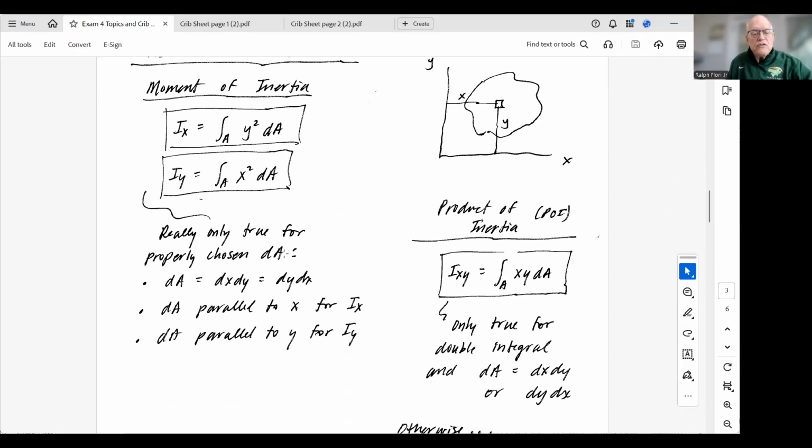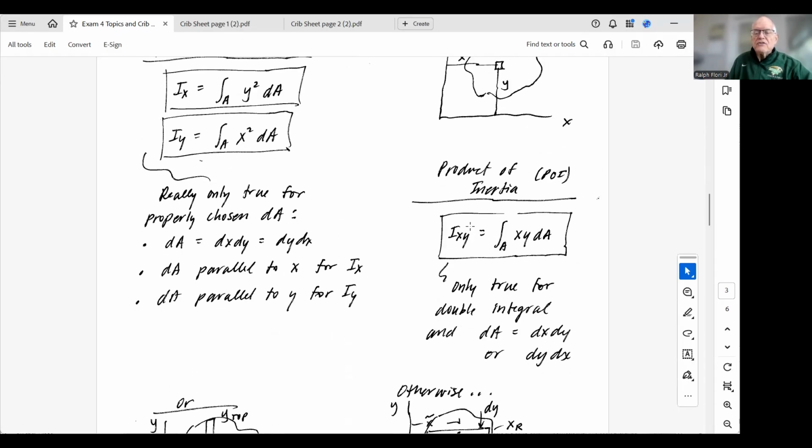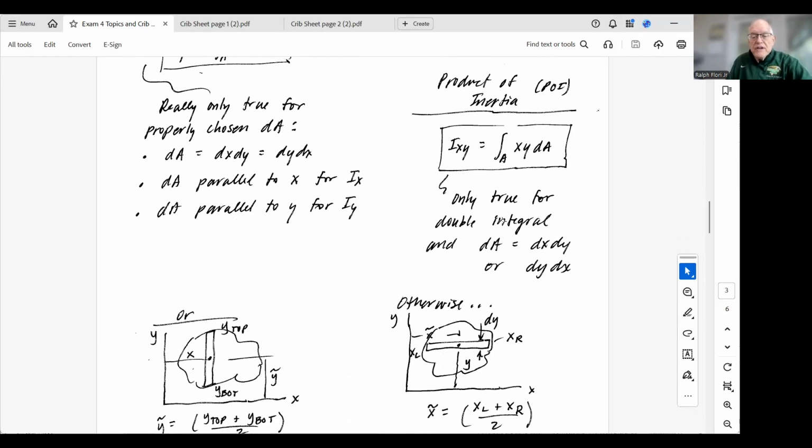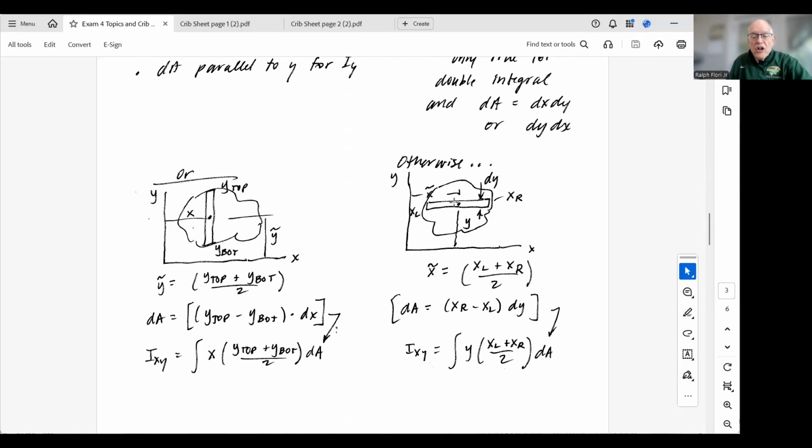But again, in general, if you use the double integral or if you use an element parallel to x for Ix or parallel to y for Iy, then these formulas work fine. For product of inertia, he gives Ixy is equal to the integral of xy dA. And strictly speaking, that's only true for a double integral, where dA is equal to dx dy or dy dx. If you choose a horizontal element, then the I bar of this element is 0, but your integral is an integral of x tilde y tilde dA.